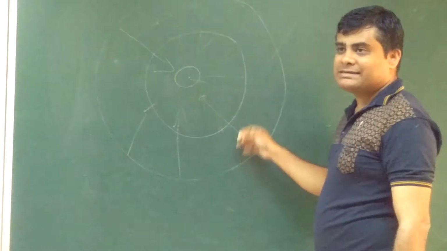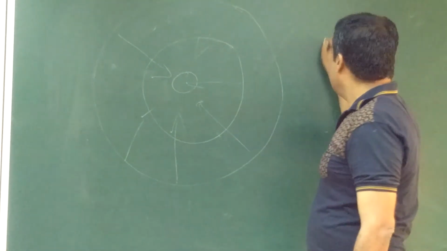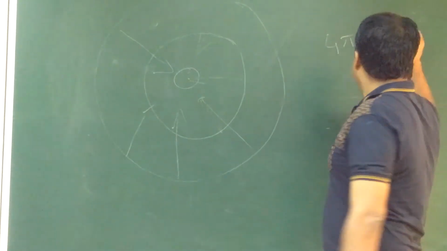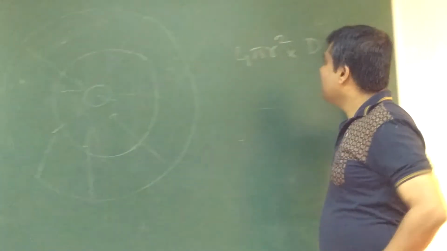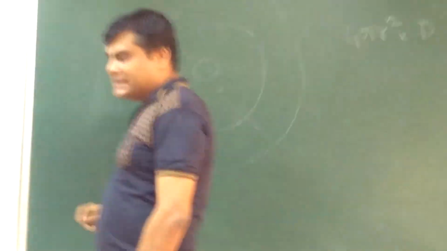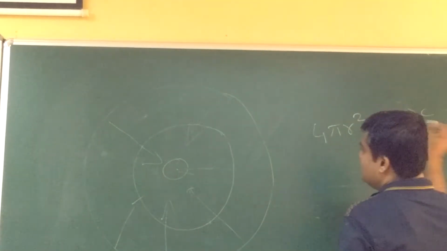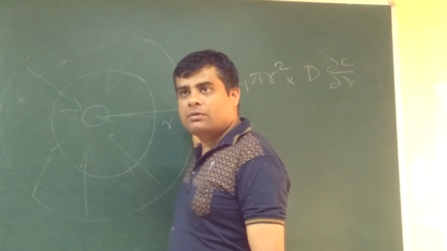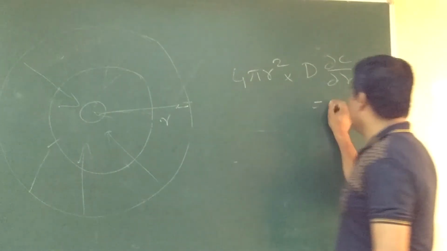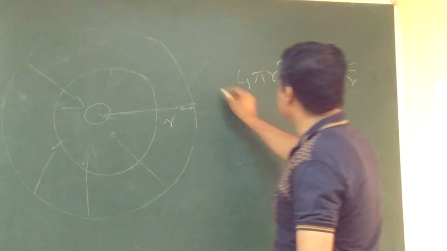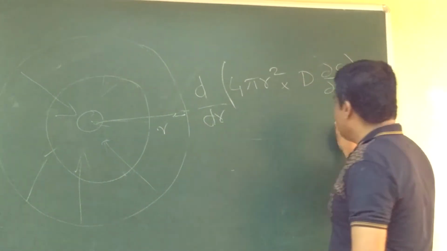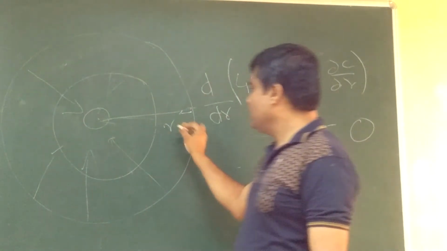At any distance, the area is 4 pi r square. 4 pi r square multiplied by D del C del R is the number of atoms per unit time going inside. I am saying that is constant, meaning if you take the derivative with respect to distance, it should be equal to 0 at any point.